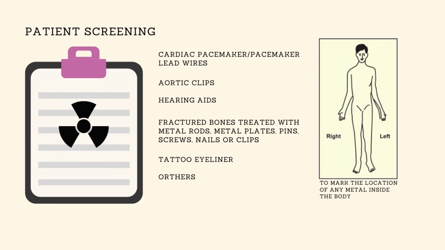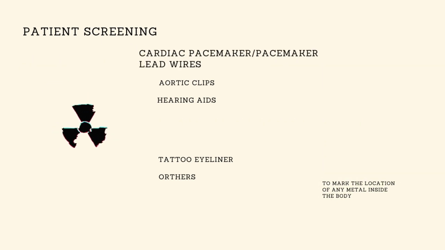The following items can interfere with MRI and some can be hazardous to your safety. Please check if you have any of the following MRI incompatible objects: cardiac pacemaker lead wires, brain aneurysm clips, aortic clips, implanted neurostimulators or lead wires, artificial heart valve, insulin pump, electrodes and hearing aids. On the right is the figure where any metal inside of the body should be marked due to the need of hazardous precautions.